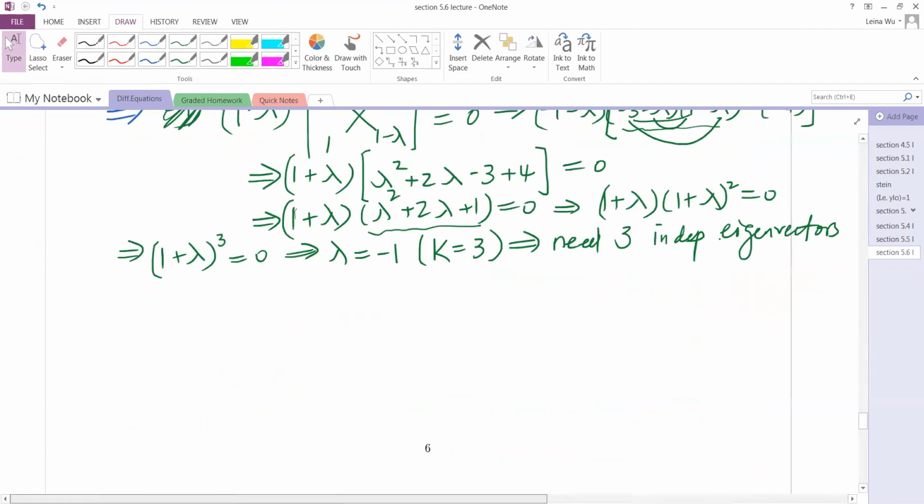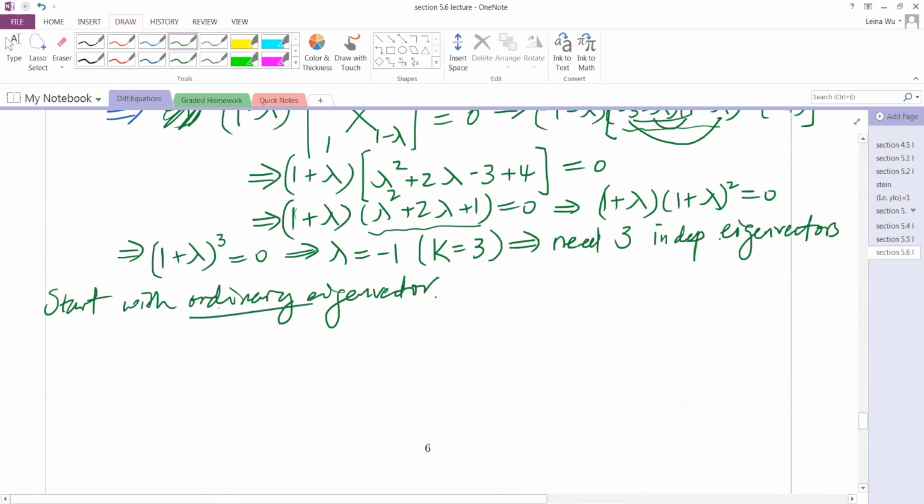All right, now let's go ahead with ordinary eigenvectors. First of all, let's see how many ordinary eigenvectors there are.